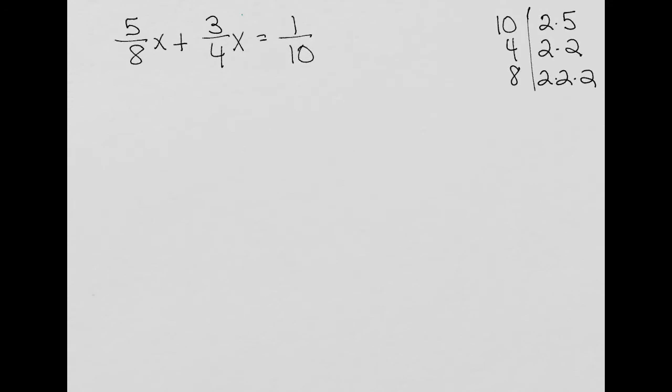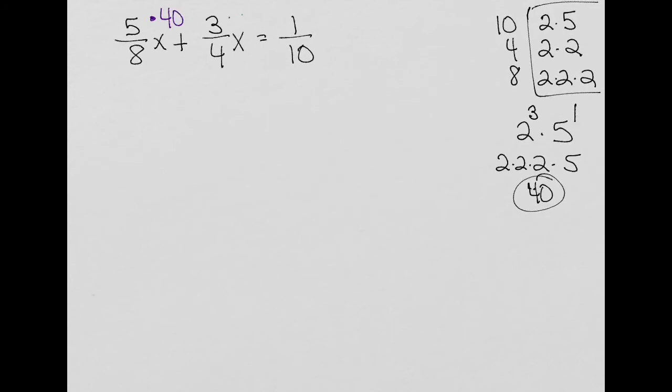So the factors that we have over here on this side are 2 and 5. The most that 2 appears on any one line is 3. The most that 5 appears on any one line is once. So 2 times 2 times 2 times 5, that's 8 times 5, which is 40. So our common denominator is 40, and we're going to multiply each term by 40.